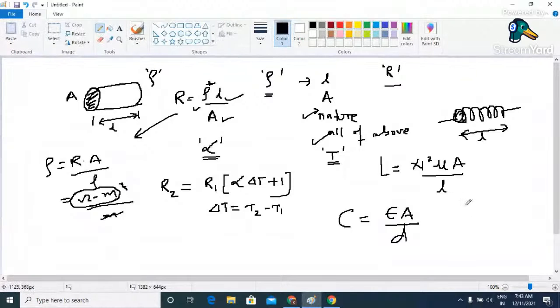For example, if you have a parallel plate capacitor, with one plate over here and another plate over here, this is the area A, and the distance between these two plates is indicated by symbol D, and the permittivity offered by the medium placed between these two parallel plates is indicated by symbol epsilon. These formulas you have to remember, and the unit for capacitance is farad. These are very basic, but very crucial formulas to solve numericals on circuit theory.